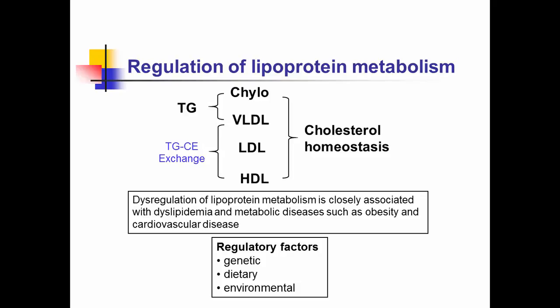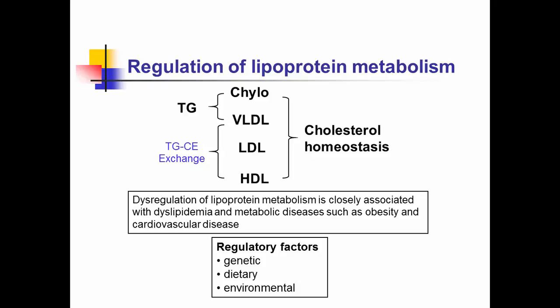LDL and HDL are the major lipoproteins that regulate cholesterol homeostasis or metabolism. But VLDL and chylomicron also contain some cholesterol esters, right? And there is also the exchange of triglyceride and cholesterol ester between VLDL and LDL, IDL.